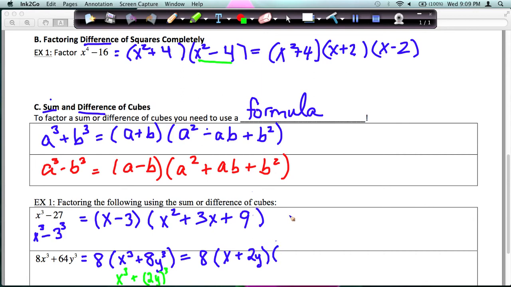okay, times, it says a squared. So in our case, that's this first term here. It's x, so x squared. Then it says minus a times b. So I'm going to multiply these two terms together. So 2xy, because it's x times 2y, which is 2xy. Then the formula says plus b squared.